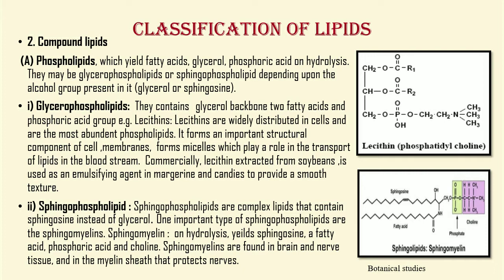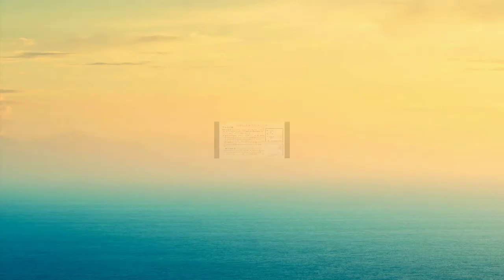Sphingophospholipids are complex lipids that contain sphingosine instead of glycerol. One important type of sphingophospholipid is the sphingomyelins. Sphingomyelin on hydrolysis yields sphingosine, a fatty acid, phosphoric acid, and choline. Sphingomyelins are found in brain and nerve tissue and in the myelin sheath that protects nerves.